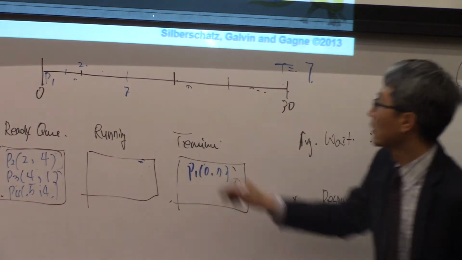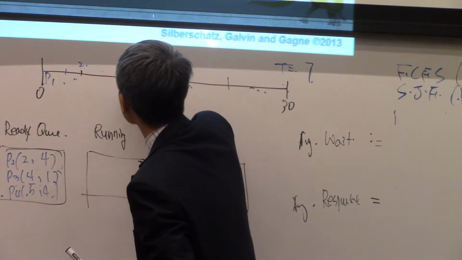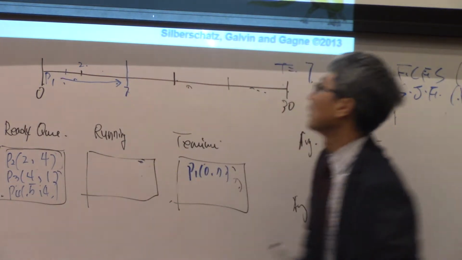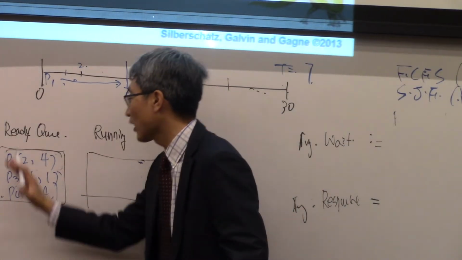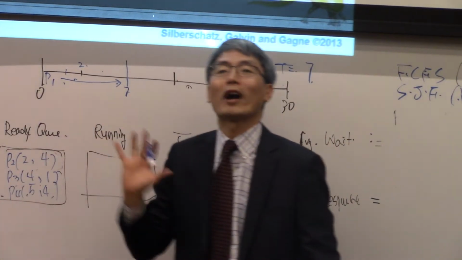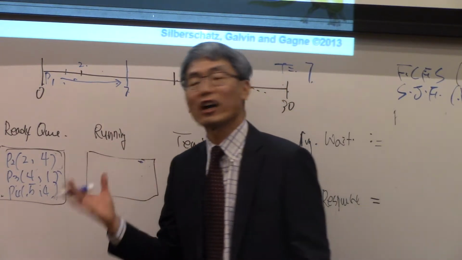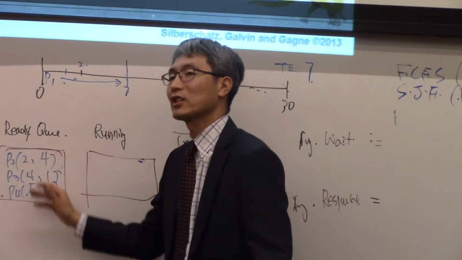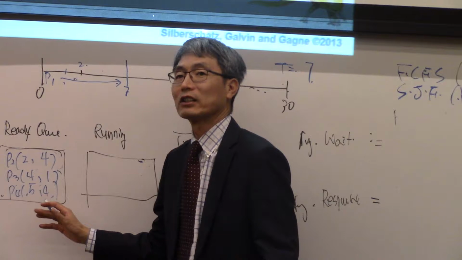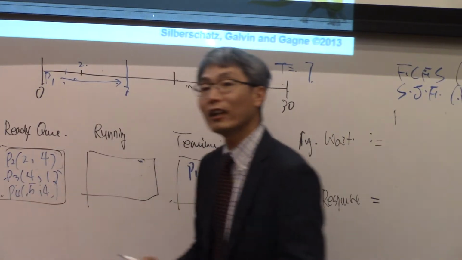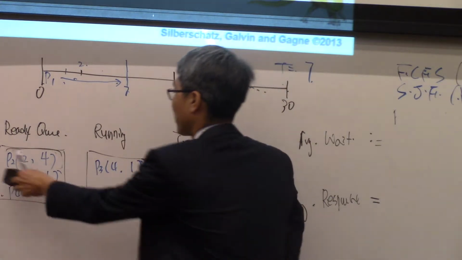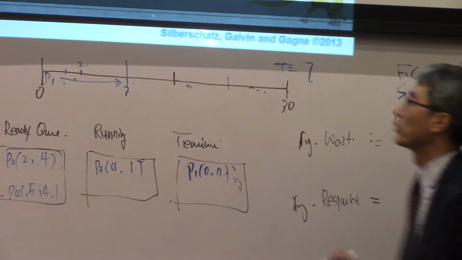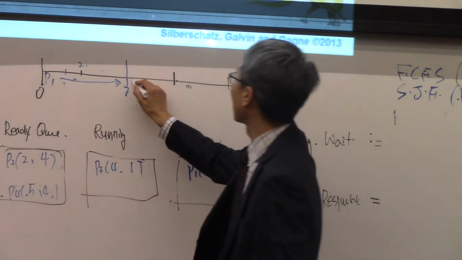So P1 is up to here. At time 7, the CPU scheduler selects the next process using what? Arrival time? No, this time the amount of CPU needed, the CPU burst time. So P3 will be selected and moves to running.